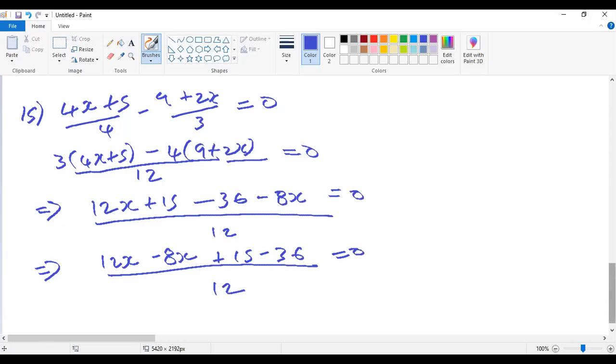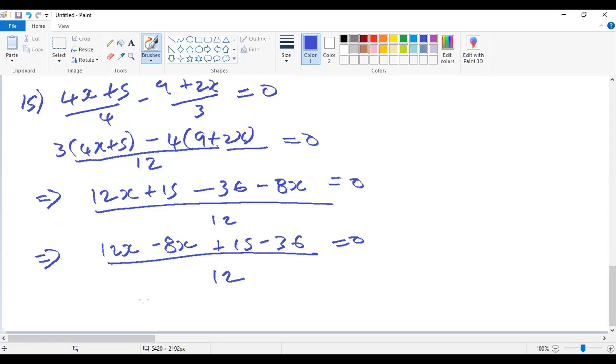All right. So this becomes 4x. And this is what now? Negative 16. No, negative 21. Yes, sir, negative 21. Right. So here they multiply both sides by 12 to get rid of this fraction. So 12 here, 12 here.